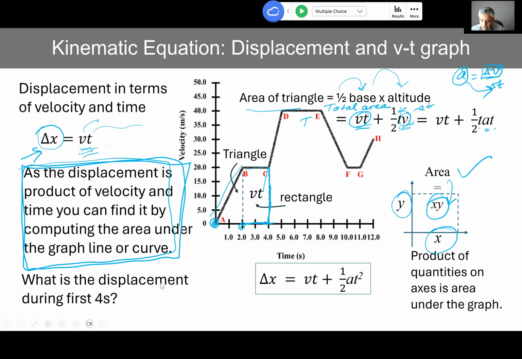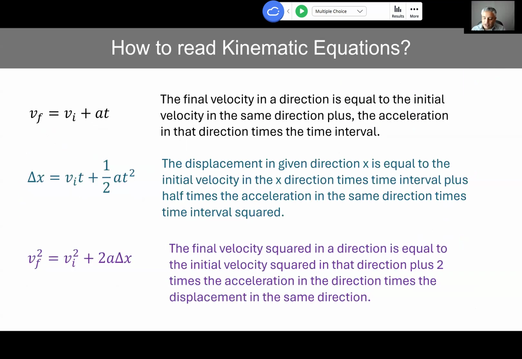Now we have two equations, but we write three equations. What are those? These are the kinematic equations, folks. Remember, in this class, three basic physics we learn: kinematics, dynamics, and conservation principles.